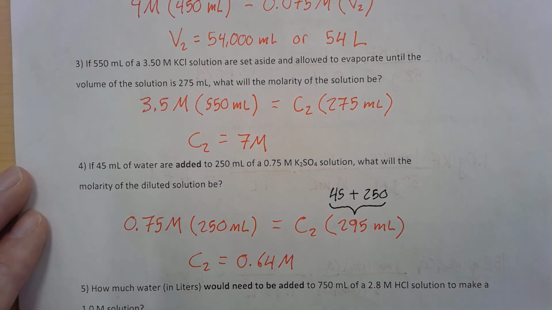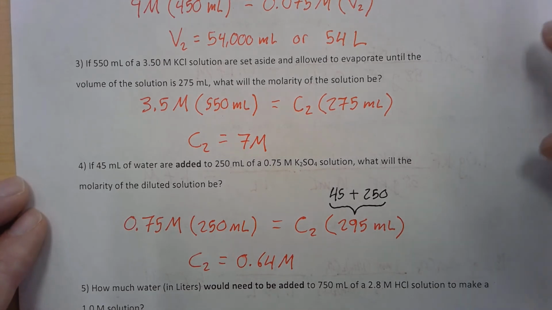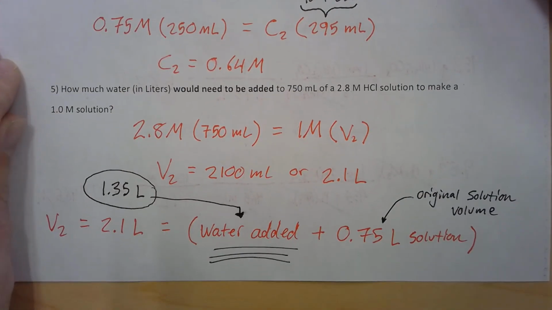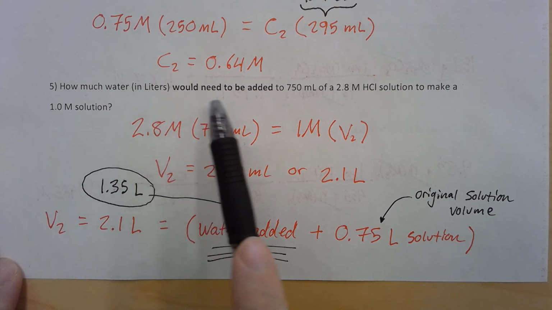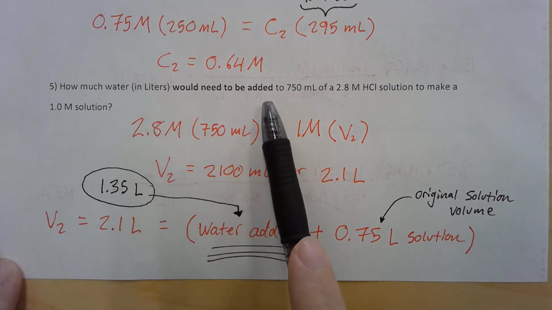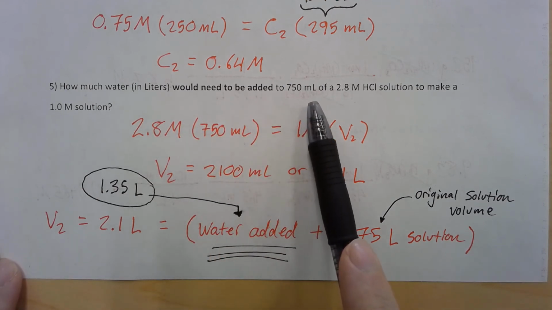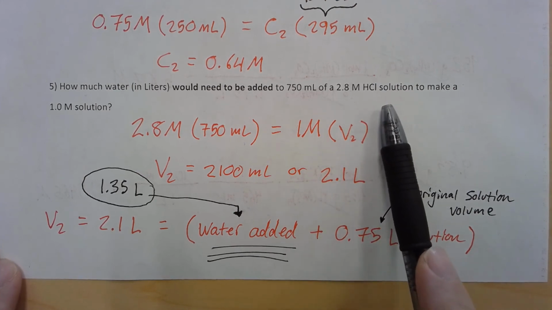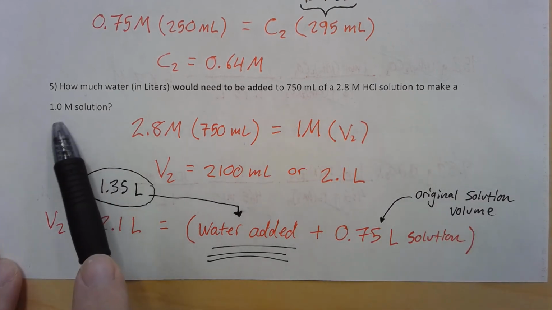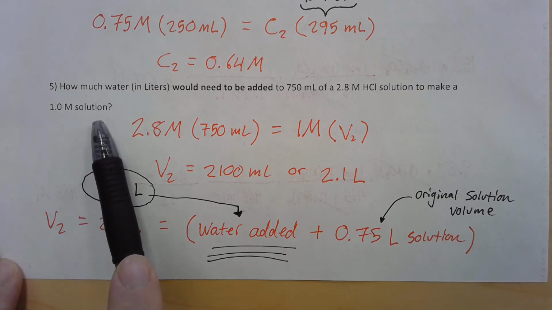Okay, that's a more realistic problem. And lastly, here's another realistic problem. How much water in liters would need to be added to 750 milliliters of a 2.8 molar hydrochloric acid solution to make a 1 molar solution?